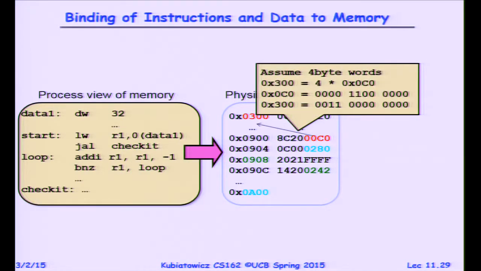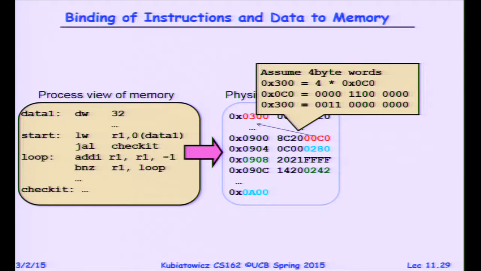And so the two red pieces actually map that load word instruction with the address of that data and make it work. Now, I'm not expecting you guys to be able to do this assembly. That's what assemblers are for. But notice this process of going from the symbolic representation into a binary representation and then loading it into memory and specializing it depending on where we put it in memory.